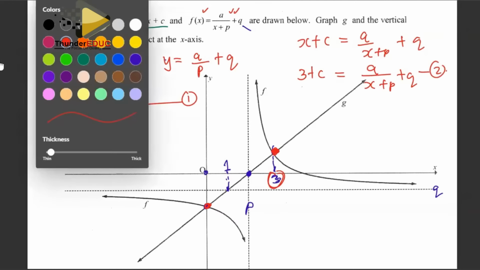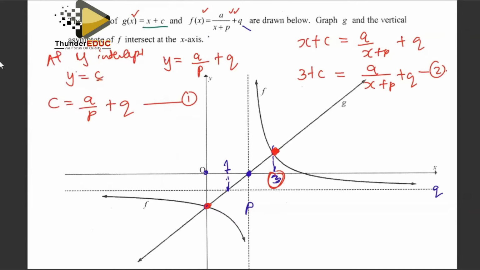Then we need to simplify equation 1 and 2. How do we do that? We just need to substitute. But before we do that, I just want us to also look at this point of 1.